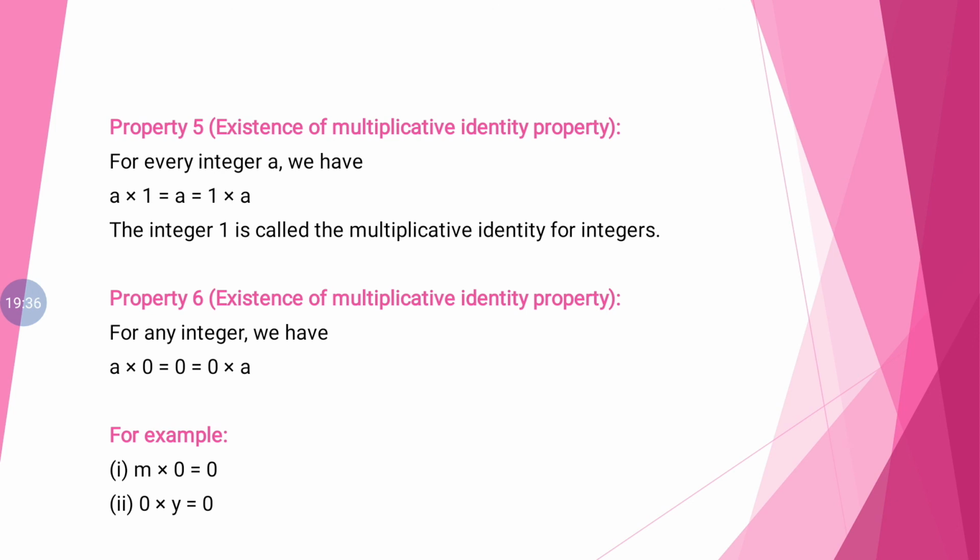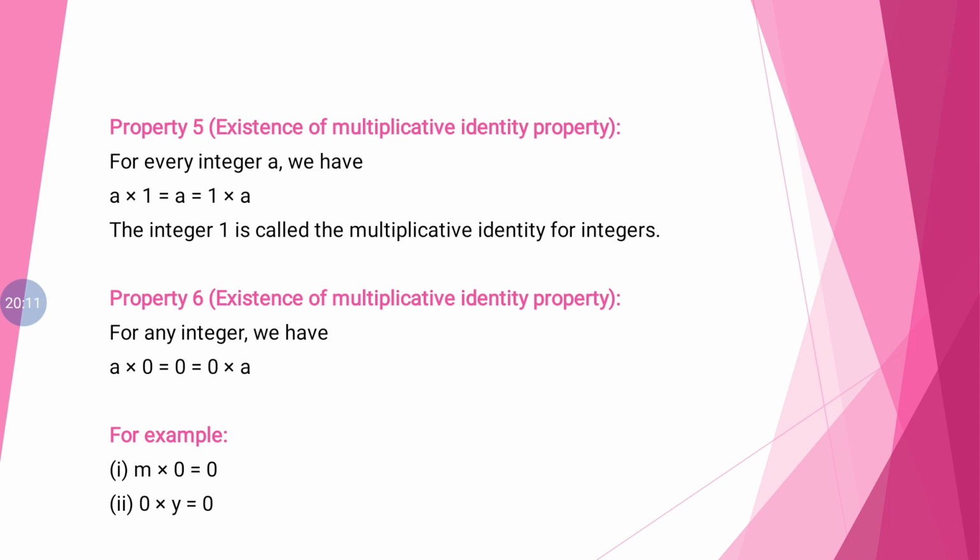For example, 27 into 1 equals 27 equals 1 into 27. The integer 1 is called the multiplicative identity for integers.